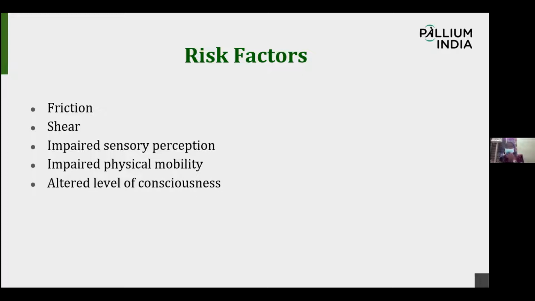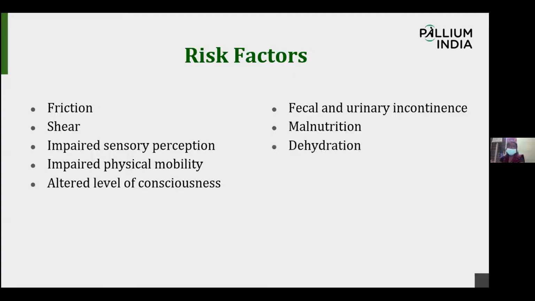And altered level of consciousness. Unconscious or semi-conscious patients are a risk group. And fecal and urinary incontinence. I already said moisture is one of the major risk factors. If the patient has fecal and urinary incontinence, there is a chance of continuous moisture, so that type of patient can get pressure ulcer easily.